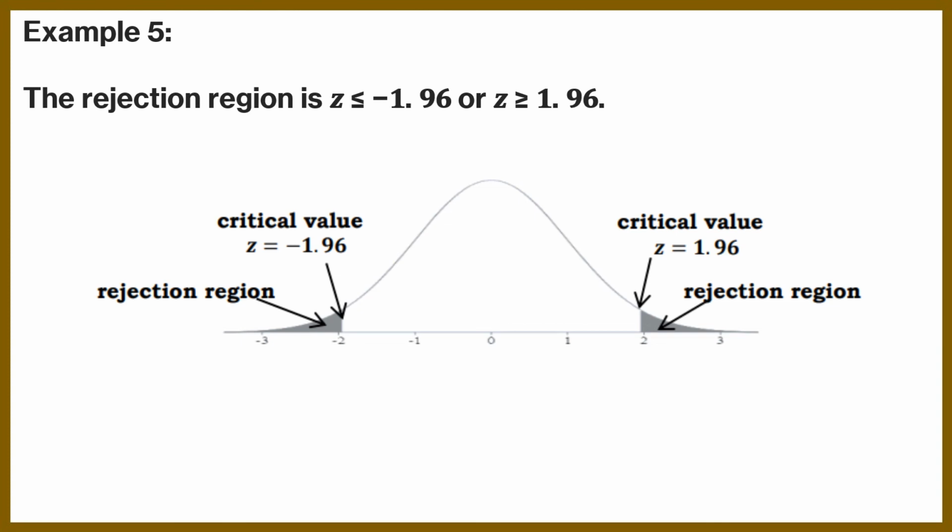For example, ang kanyang z value ay 2.1. So, nagpo-fall yan sa rejection region, or negative 2.5, magpo-fall siya sa rejection region din. Otherwise, kung di magpo-fall dun sa rejection region, we have to accept the null hypothesis and reject the alternative hypothesis. Okay?